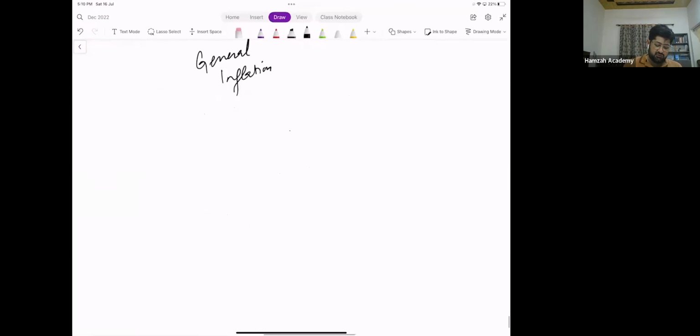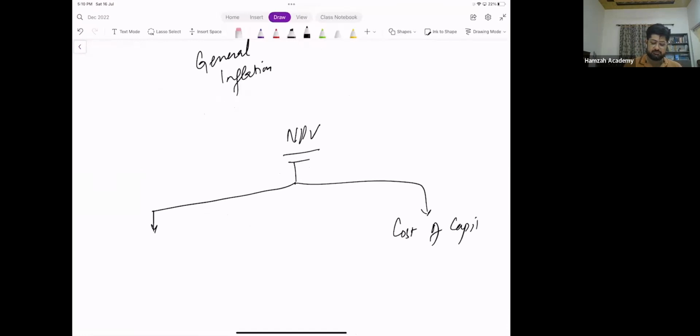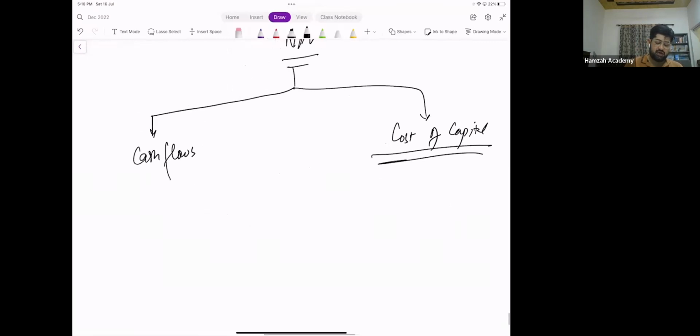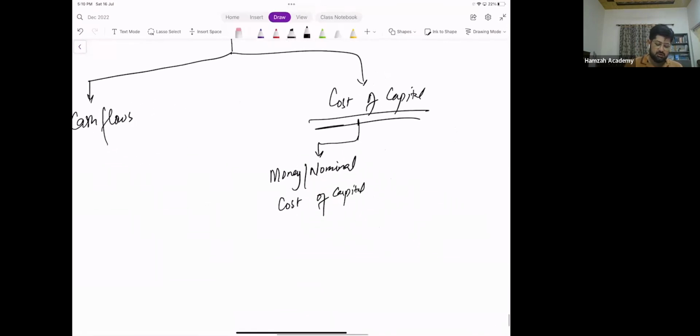Now, the impact of inflation on NPV. Impact is on two sides. One is the cost of capital, the discount rate. The other is the cash flows. Cost of capital is of two types. One is called money or nominal cost of capital, the other is called real cost of capital.